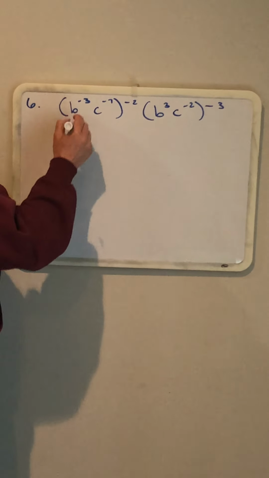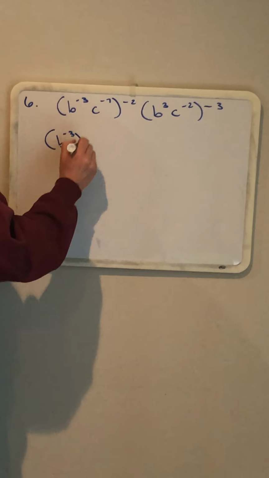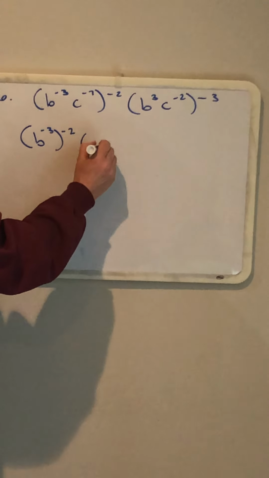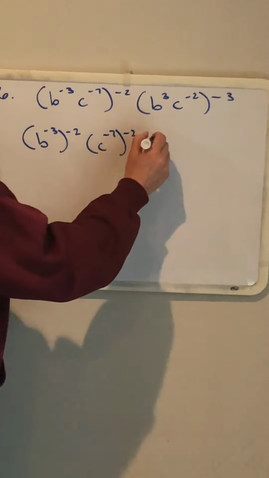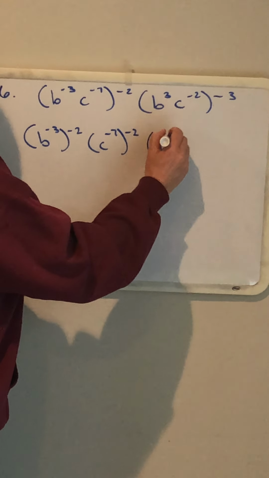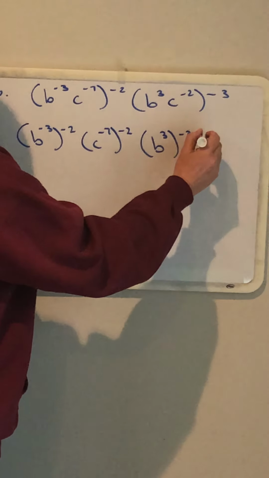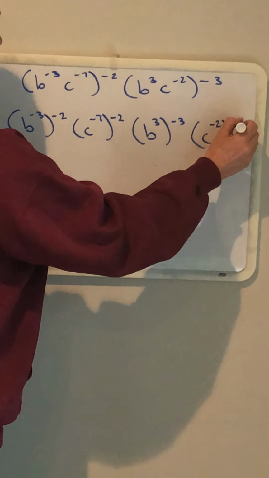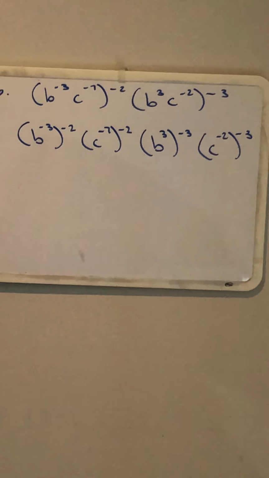So the first parenthesis is going to become b to the negative third to the negative second, c to the negative 7th to the negative 2nd, b to the 3rd to the negative 3rd, and c to the negative 2nd to the negative 3rd. That is just me giving the outside exponent to everything on the inside.